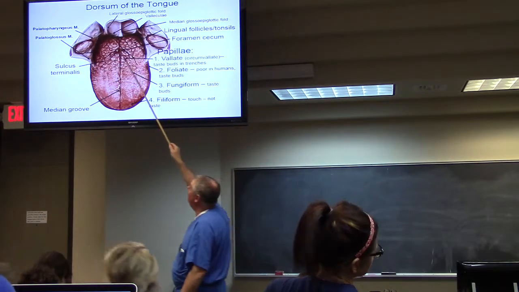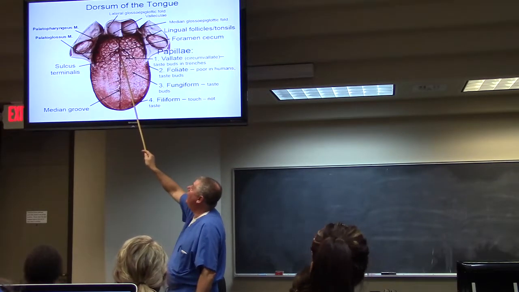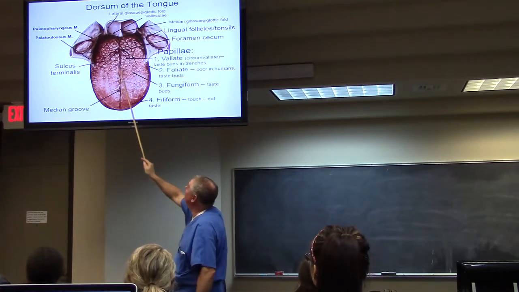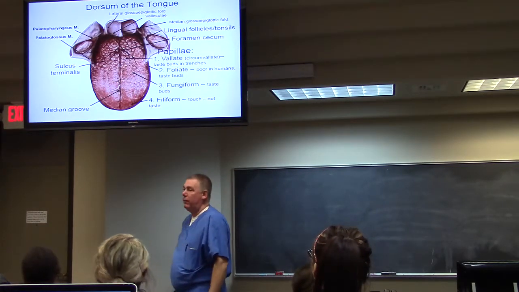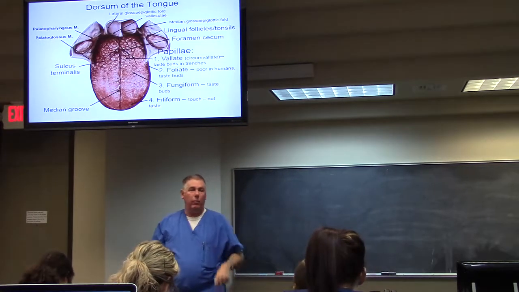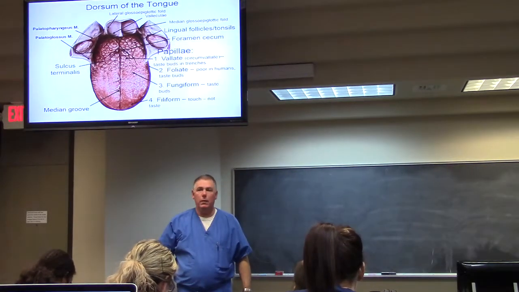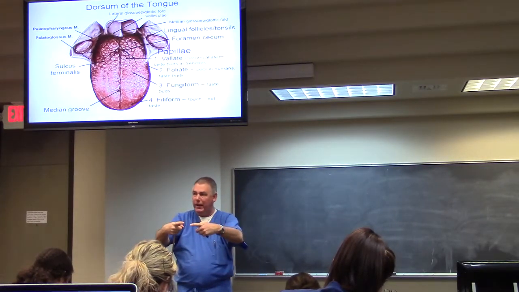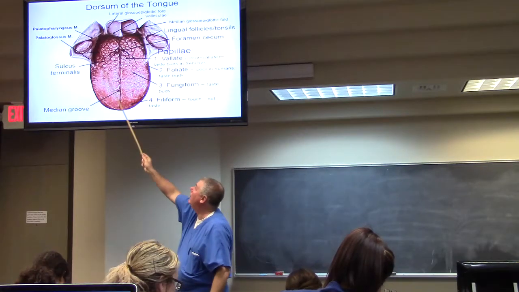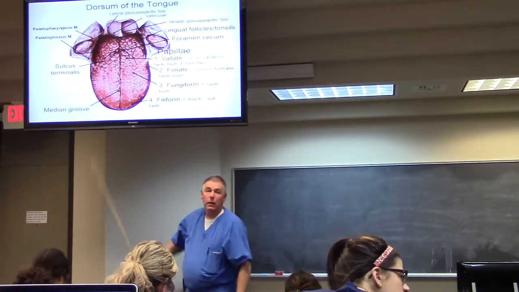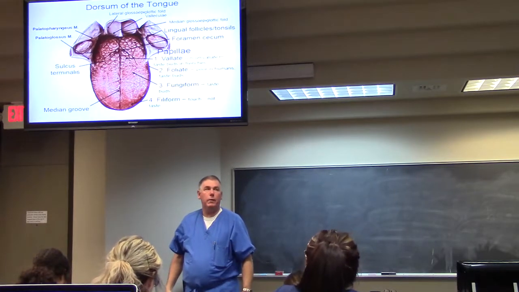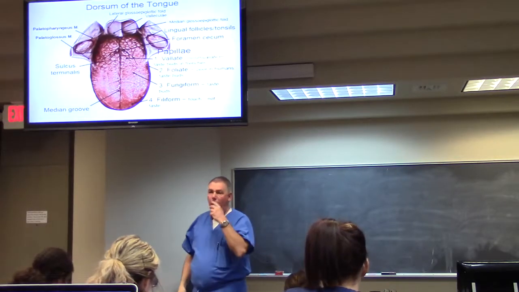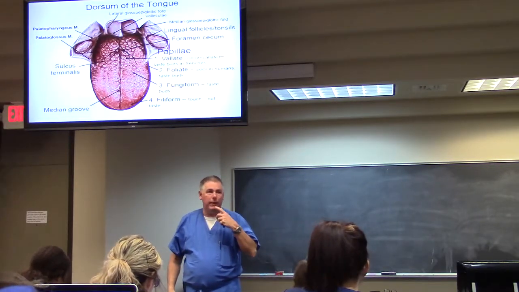You follow those V's to the back, and there's a pit right here. That pit is called the foramen cecum. That's where your thyroid started. The foramen cecum is at the point of the V of the vallate papillae. Now, out in this part of the tongue, when you dry it off, these things stick up, and they're very rough.